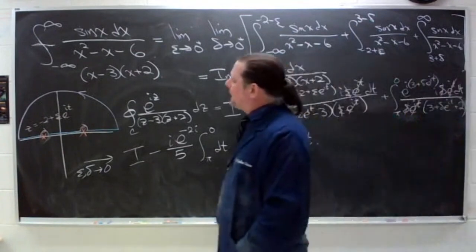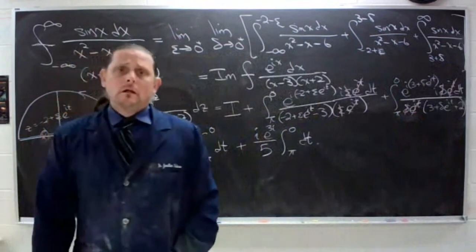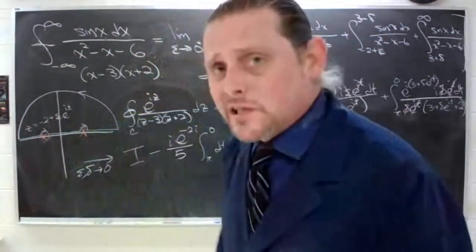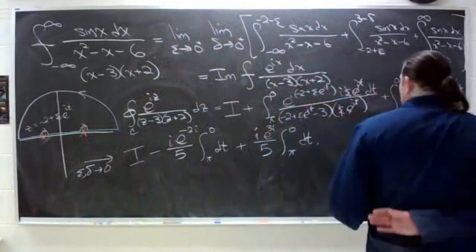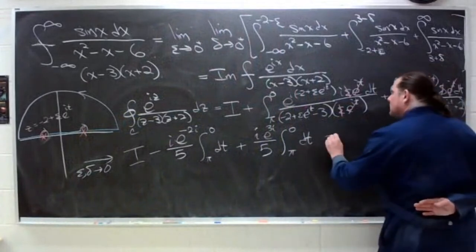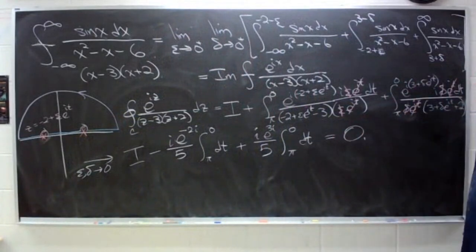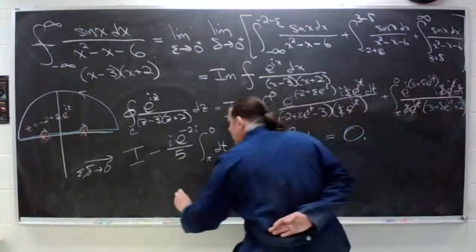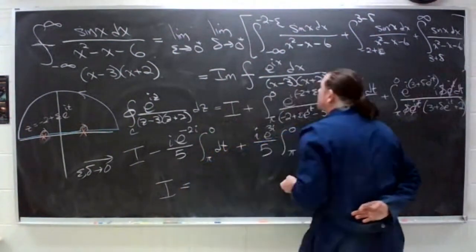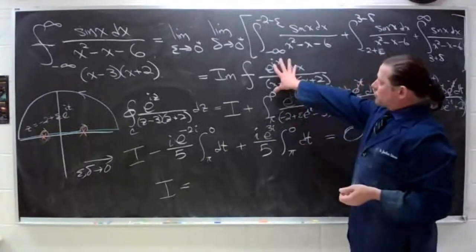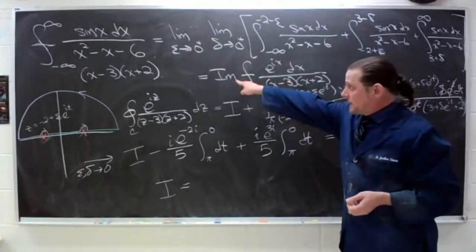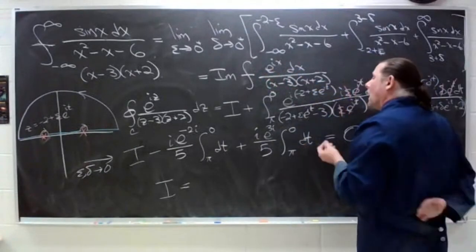And as we said, the loop integral itself, when we add all of these things up, contains no problems. So I get 0. Therefore, I, which remember was this piece, I start to take the imaginary part.